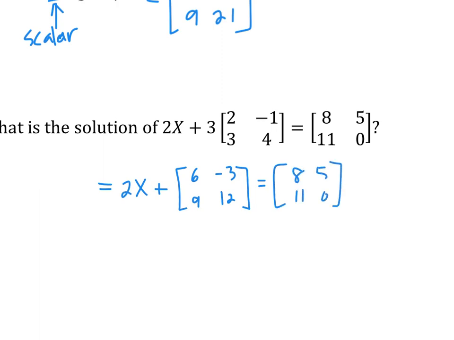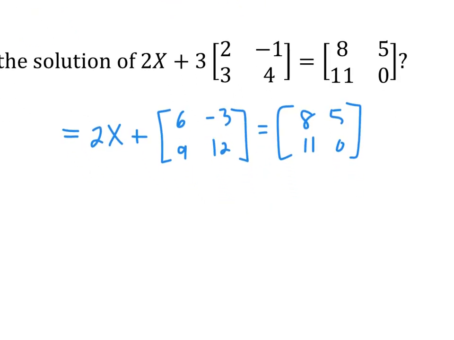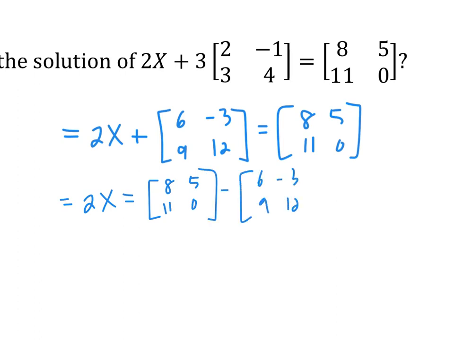Okay, in order to solve the x matrix, you would think, how would you solve this if this were not a matrix problem? Well, you want to get rid of things that are farthest from x, and that would be this matrix. So we want to get rid of it by subtracting. So 2x is equal to 8, 5, 11, 0 minus 6, -3, 9, 12. So 2x is equal to 2, 8, 2, -12.